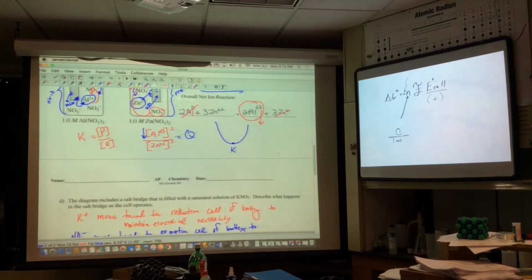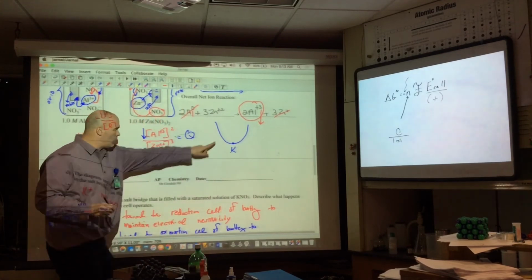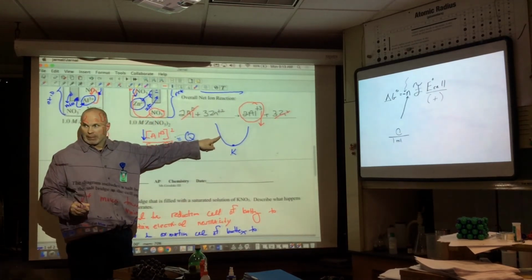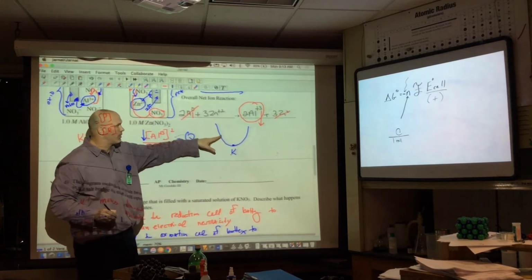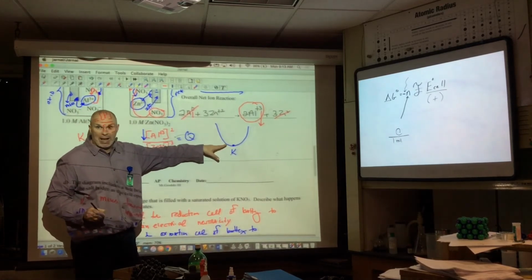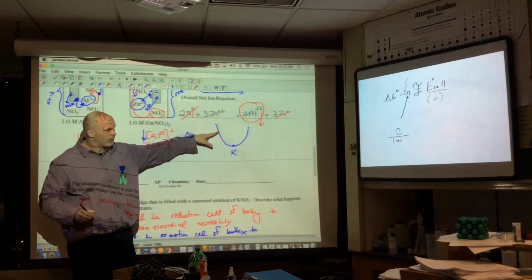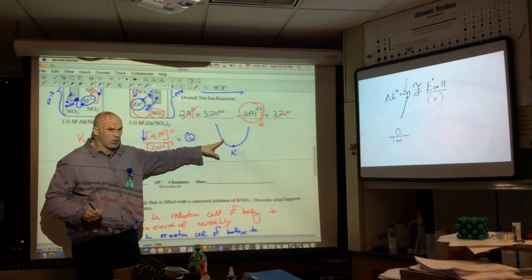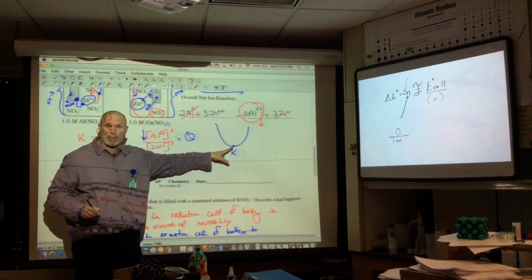Now we know that this battery is running, so it's spontaneous. Q must be less than K. As the battery runs, it's dying. Eventually, Q will equal K and the battery's dead. All batteries will move in that direction. All spontaneous reactions will stop.